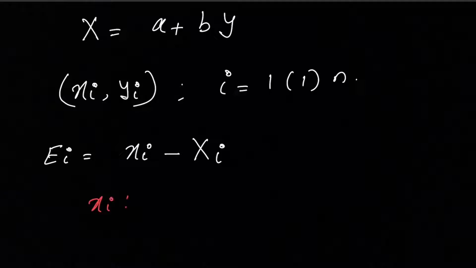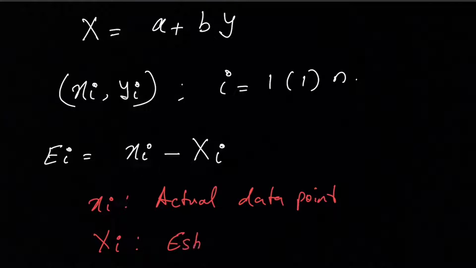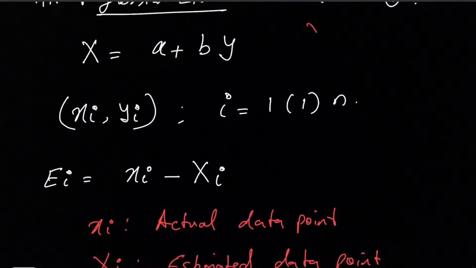Xi is the actual data point and capital Xi is the estimated data point from the regression line, and here X is the study variable and Y is the auxiliary variable.